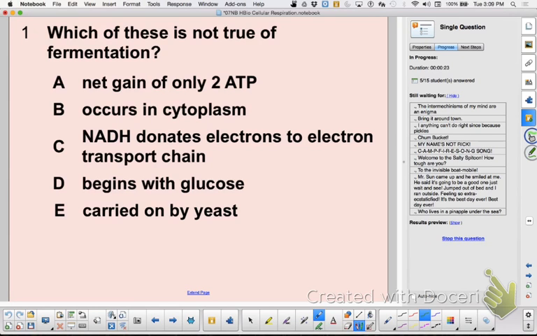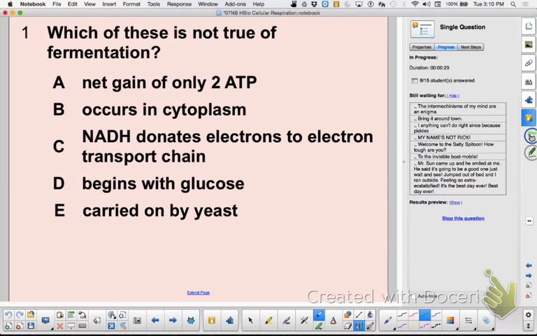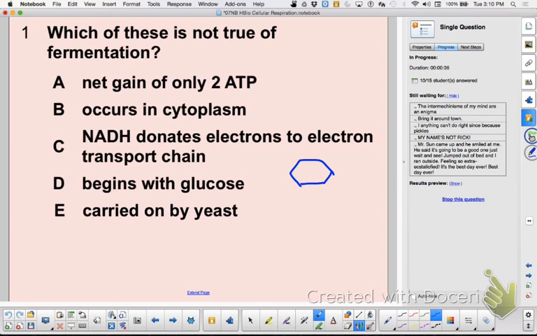Want to give us a hint? Okay, so for fermentation, you're doing this, which is glycolysis, right? And then you're doing this. You're either doing, if you're a plant or yeast, or you're an animal. Okay, one or the other.